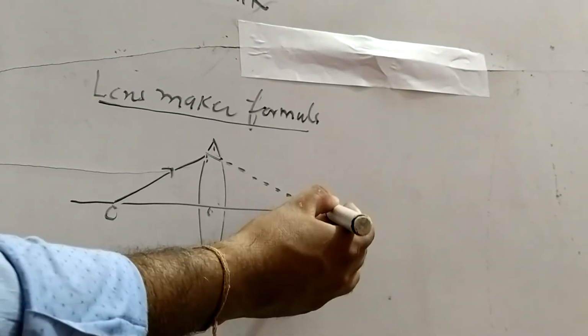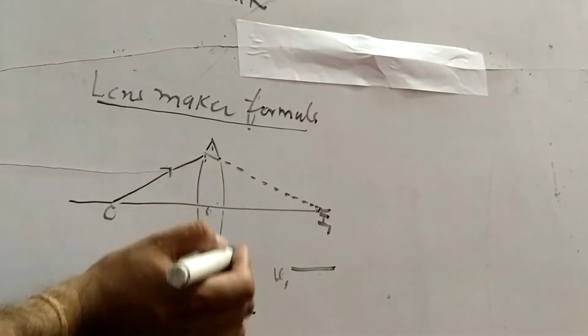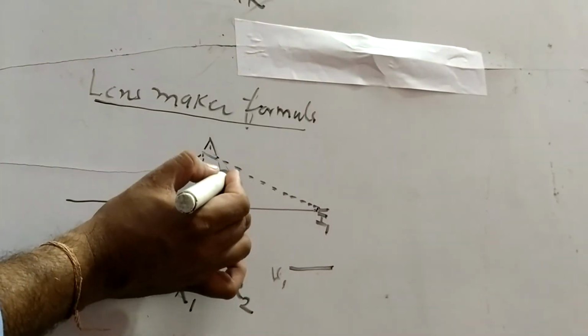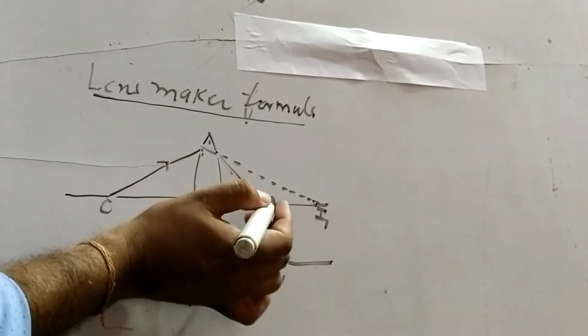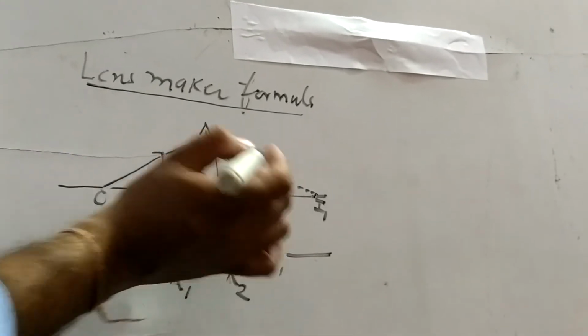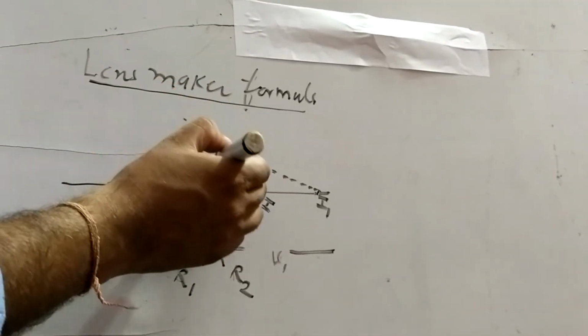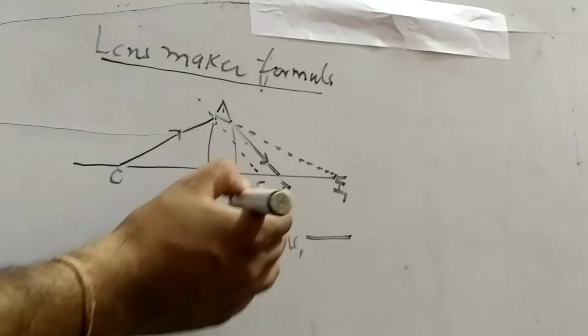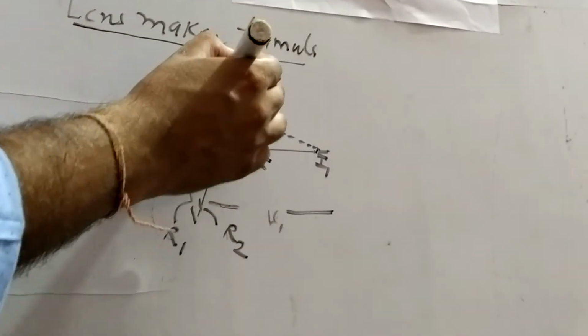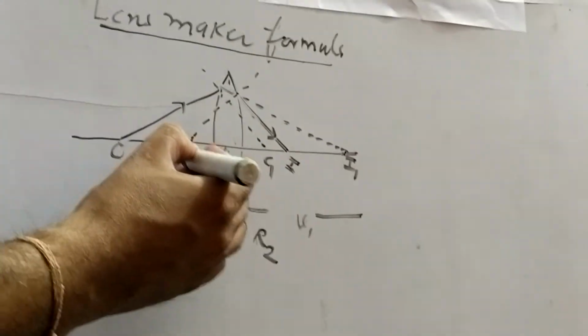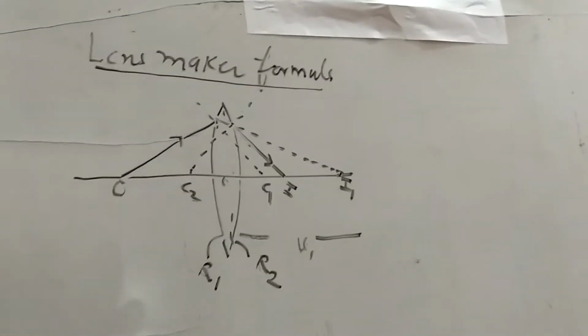But this image I1 will work as an object for the second surface, and the second surface makes the final image I. Now C1 is the center of curvature for the first surface and C2 is the center of curvature for the second surface.